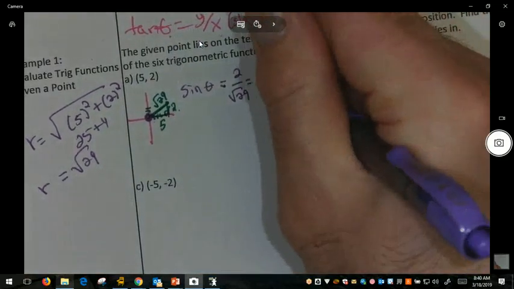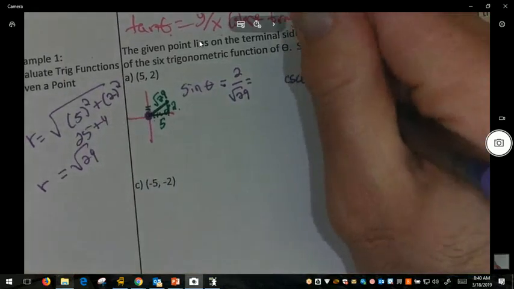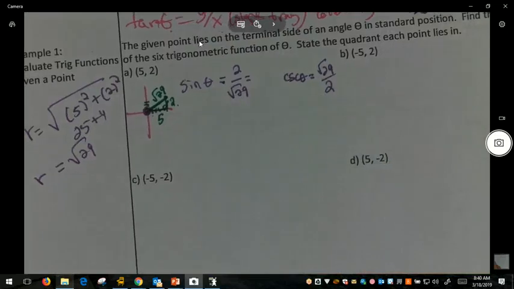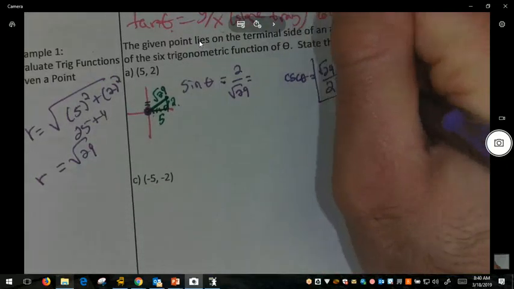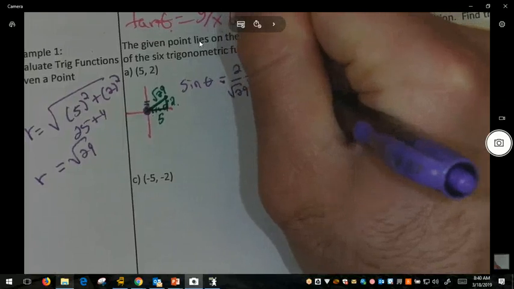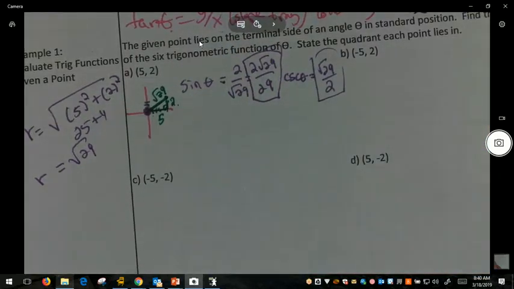Before I rationalize this, I'm going to write cosecant because it's going to be flipped, and I don't want to have to re-rationalize it. So there's cosecant, square root of 29 over 2, since square root of 29 could not be broken down. Rationalizing sine would give me 2 square roots of 29 over 29, which can't be reduced.